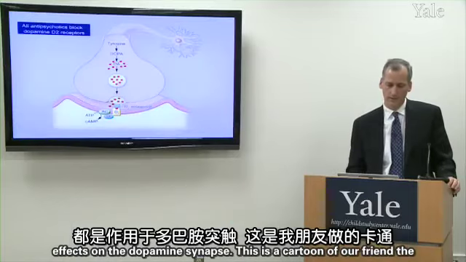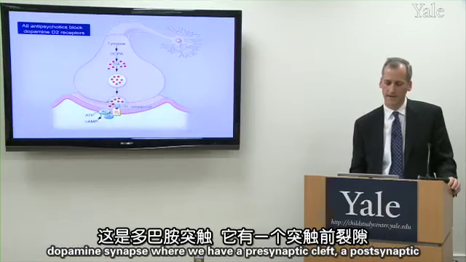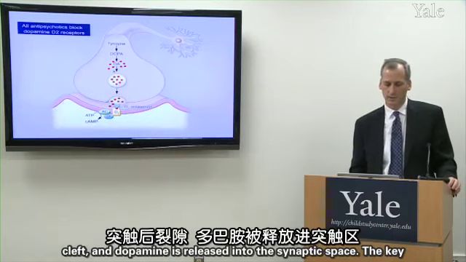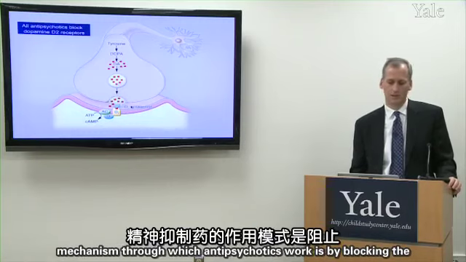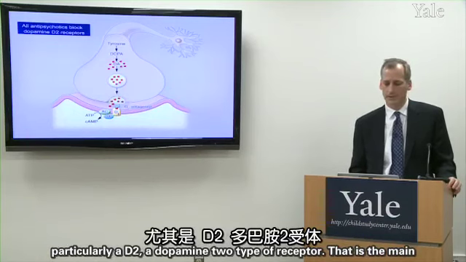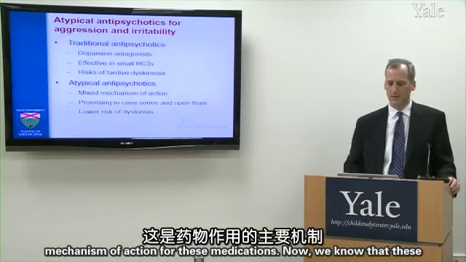And this is a cartoon of our friend the dopamine synapse, where we have a presynaptic cleft, a postsynaptic cleft, and dopamine is released into the synaptic space. And the key mechanism through which antipsychotics work is by blocking the attachment of these dopamine molecules to the dopamine receptor, and particularly a D2, a dopamine 2 type of receptor. That is the main mechanism of action for these medications.